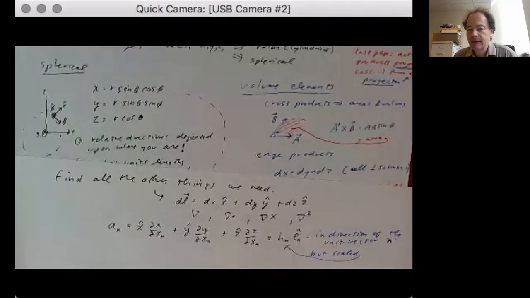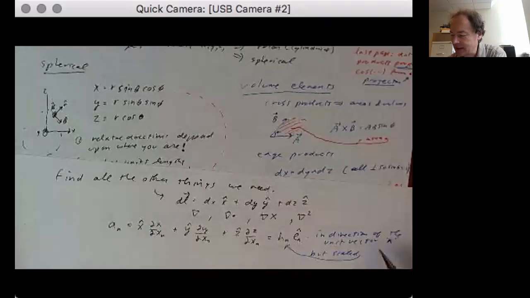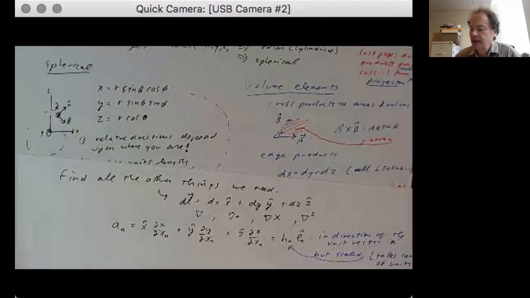The scale here takes care of units. You can't add things that don't have the same units, and so the vectors, as unit vectors, have unit length, but dr is r, right?